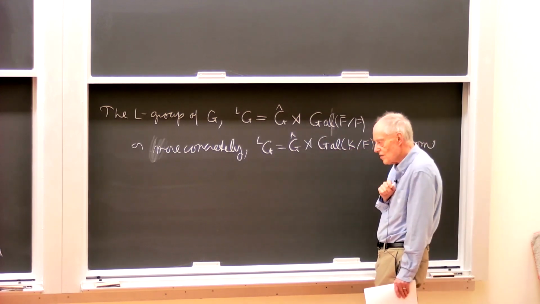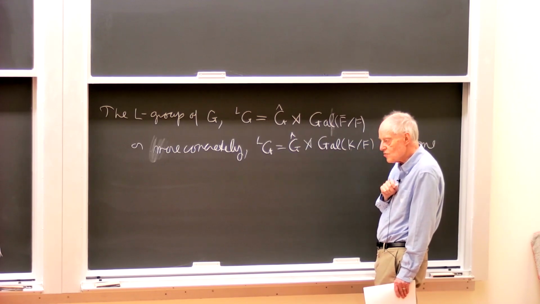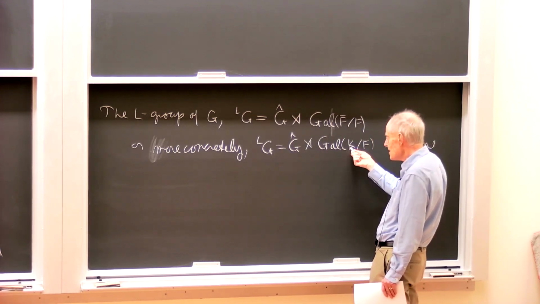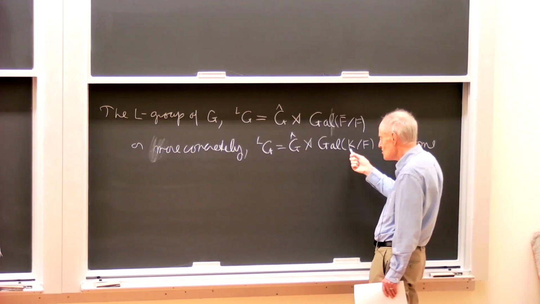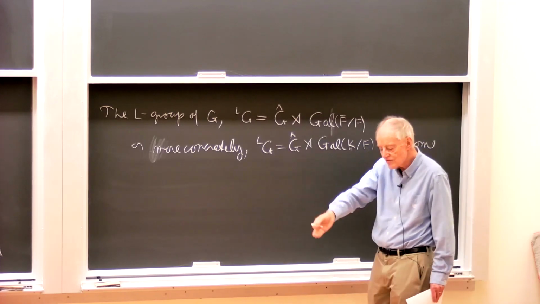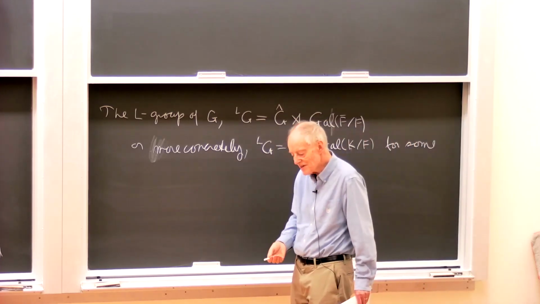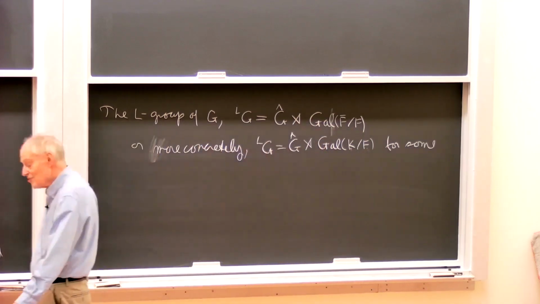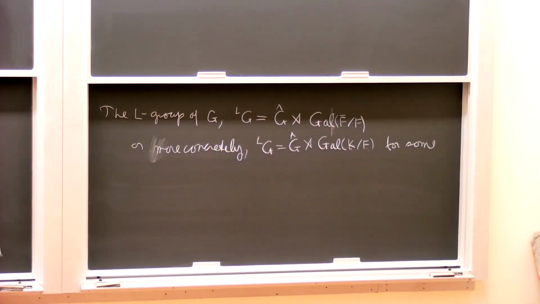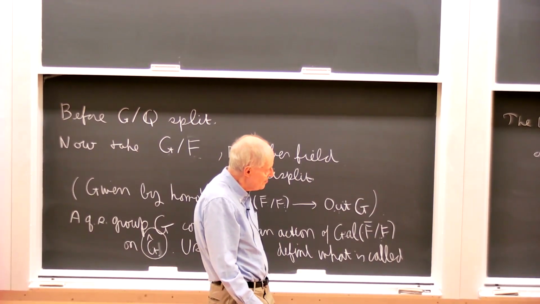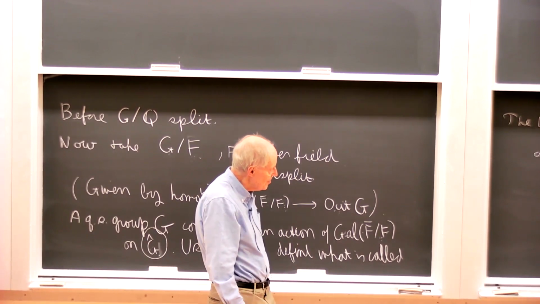Now, to represent the quasi-split group, you don't have to take K to be very large. It's usually just some small Galois extension of F. It could get large if you have a semi-simple group whose diagram is a disjoint union of a whole lot of connected diagrams, and then you might have to choose K to be rather large.